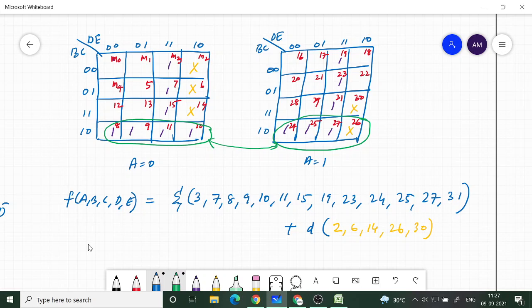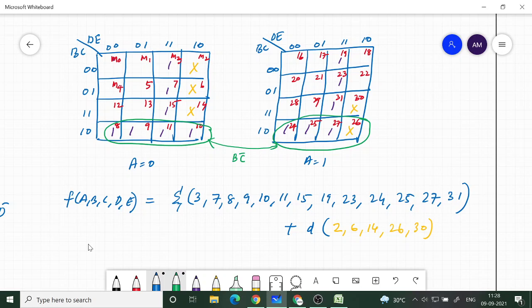This is the biggest group. A is changing, then D is changing, E is changing. Only B and C don't change. So therefore this corresponds to a term B C bar. Okay, I have included this don't care.